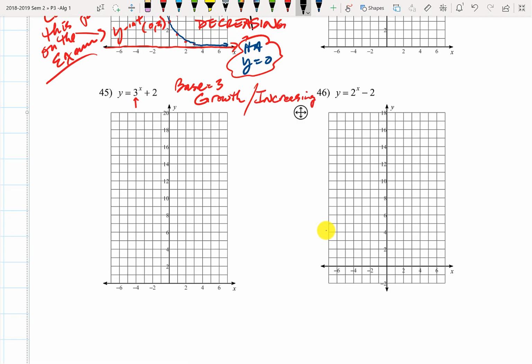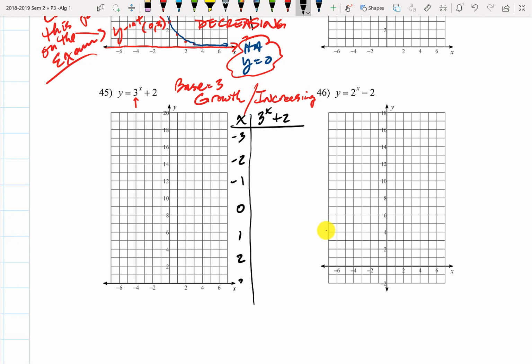So on this one here, let's set up a table of values. So it's 3 to the power of x plus 2. If you look at your notebook, I always evaluated the function at many points. So step 1 is to substitute in. So 3 to the negative 3 power plus 2 is 1 over 3 cubed plus 2. 1/27th plus 2 is 2 and 1/27th, which is a little bit bigger than 2.